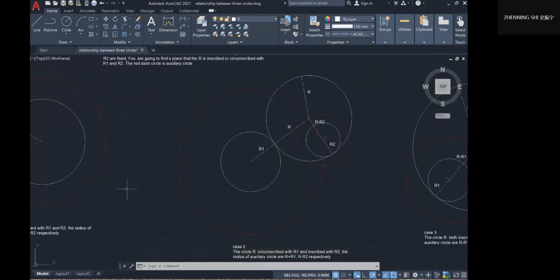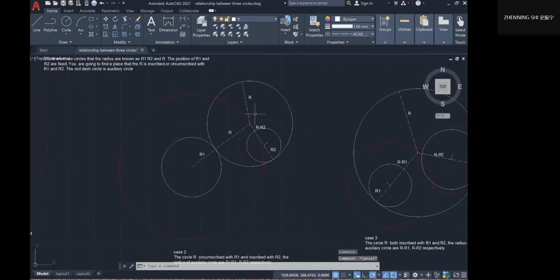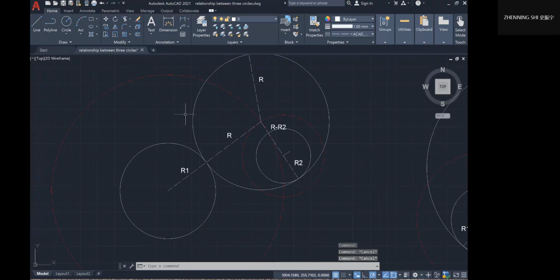The next one is intuition about this. If I have R1 and R2, you can see these two circles are given and fixed. We can't move the positions of R1 and R2.